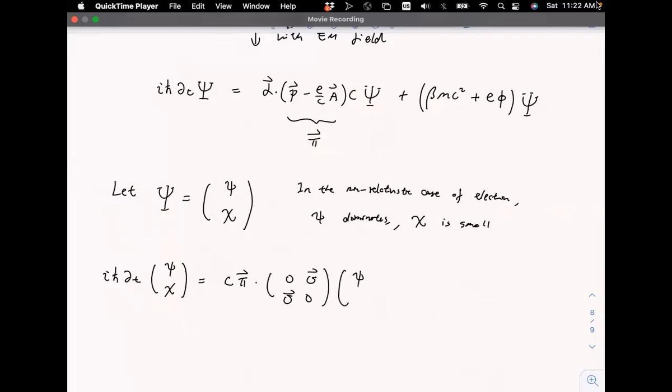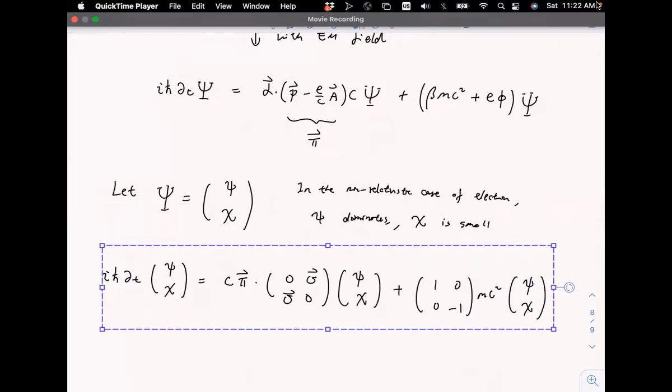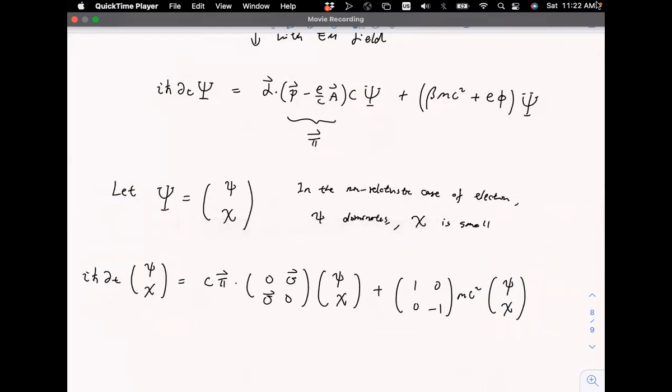And then this will be 1, -1 times mc squared, and then plus the potential.